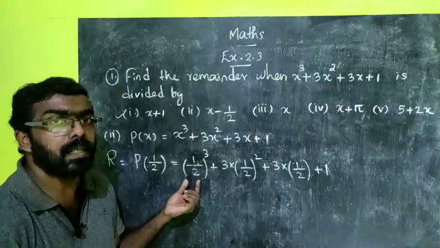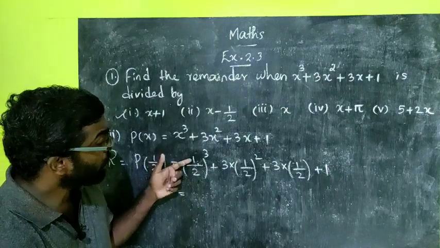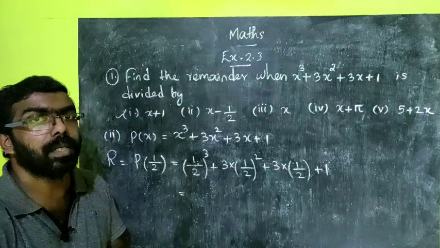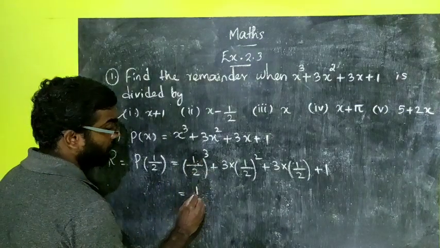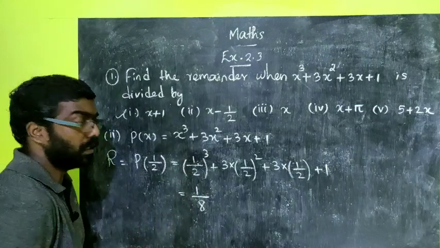So here the first term is 1 by 2 the whole cube. That means we have to take the cube of both numerator and the denominator. 1 cube is 1 and 2 cube is 8. So 1 by 2 cube is 1 by 8.